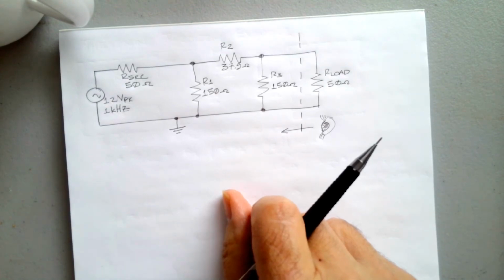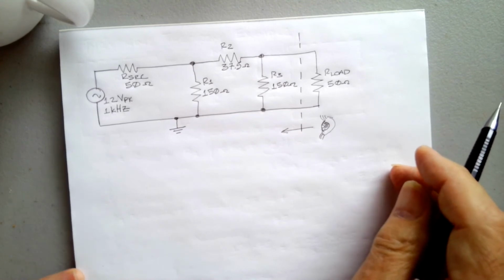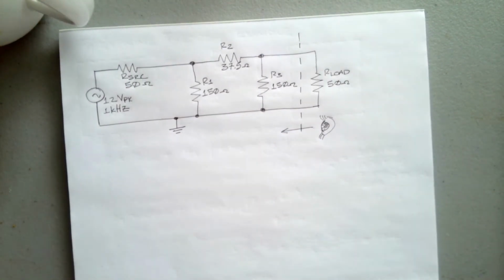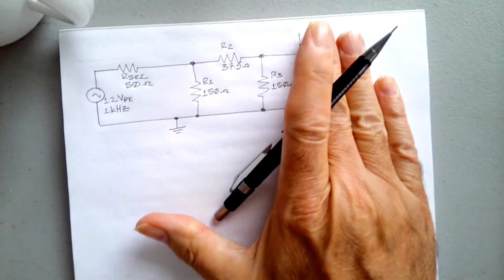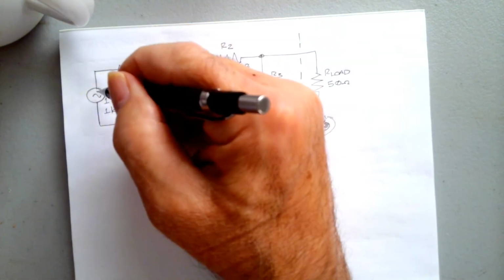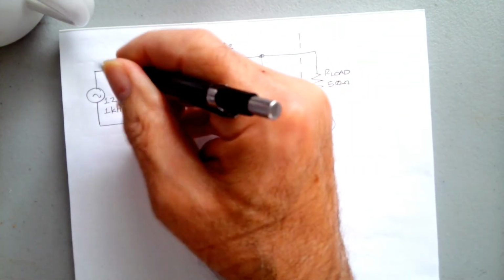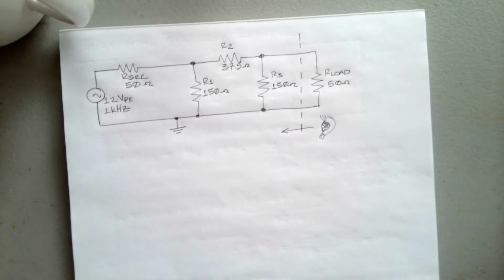Anyway, so we're looking back into our circuit like this, and so we're going to disconnect the load and look back this way. So we're going to pretend the load isn't even there. Then we're going to short out our power supply to deaden it. That's step 2.